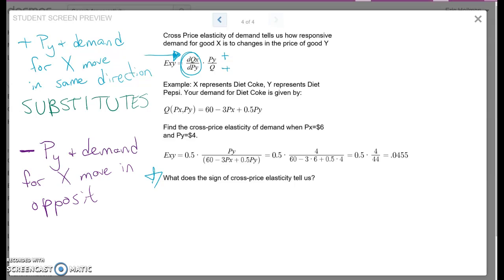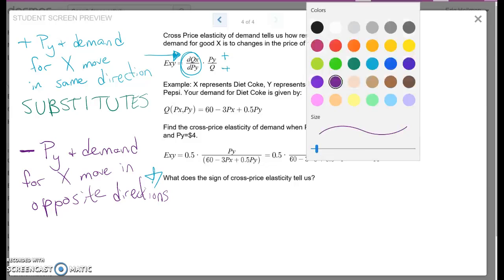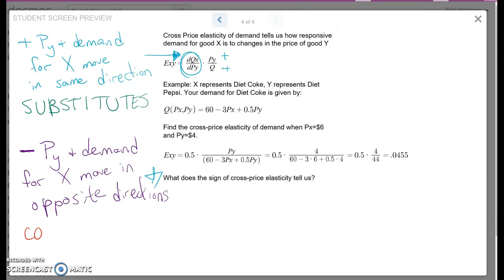This is true when the goods are complements. So the sign of cross-price elasticity tells us whether or not the goods are substitutes or complements. If the cross-price elasticity is positive, that means the goods are substitutes. If the cross-price elasticity is negative, that means the two goods are complements.